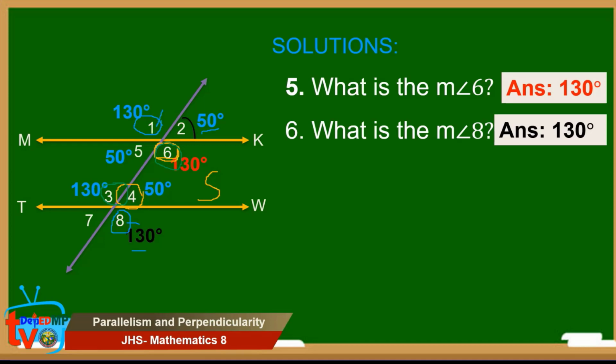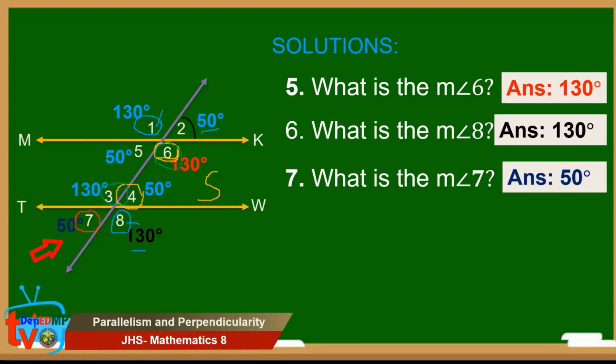What is the measure of angle 7? 50 degrees. Possible reason, angle 7 is corresponding with angle 5. Yes, and you can also have your own reasons, as I have said earlier, as long as it does not go against what we have discussed a while ago.